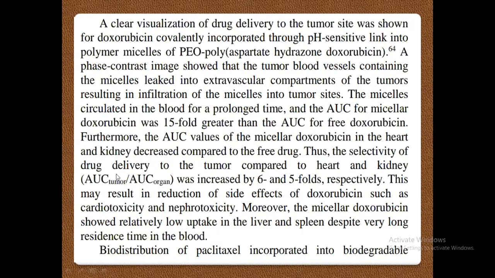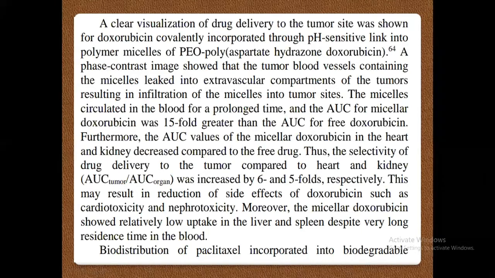So the selectivity of drug delivery to the tumor compared to heart and kidney, that is two organs, was increased by 6 and 5 folds respectively, 6 times and 5 times respectively. This may result in reduction of side effects of doxorubicin, such as cardiotoxicity and nephrotoxicity.